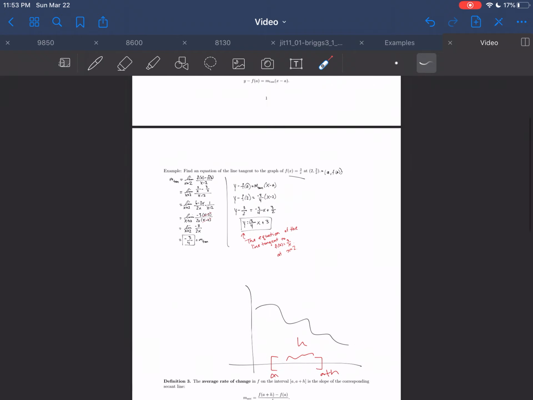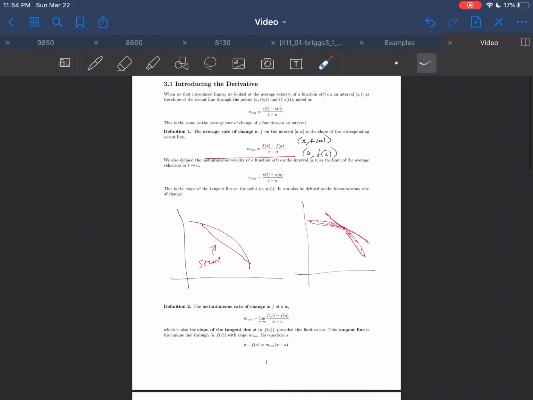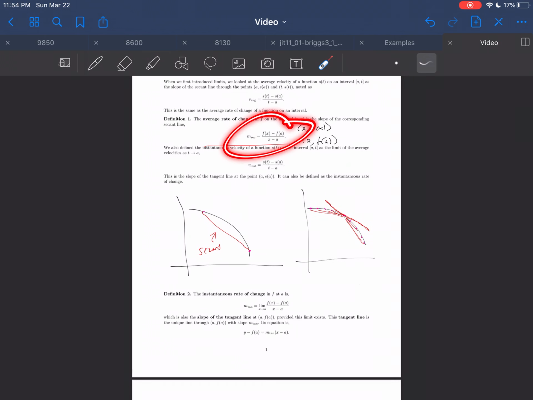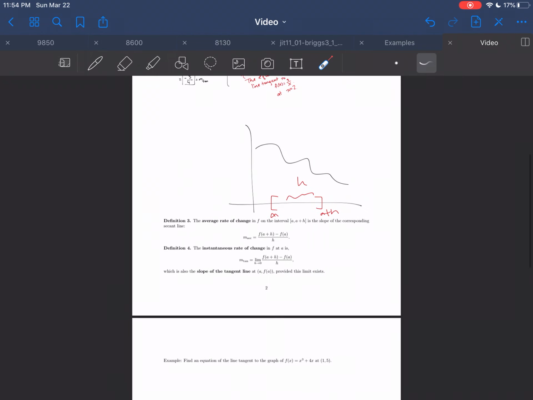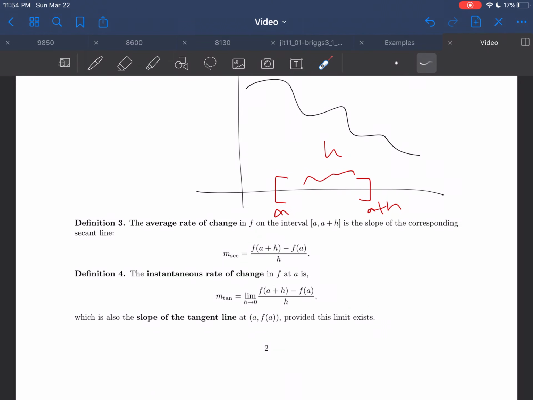Okay, so beforehand, if we look back, we had our average rate of change, and our instantaneous rate of change was the limit as x approaches a of that average rate of change formula. Down here we have the same thing, but instead of x approaching a, we're going to have h approaching 0, because h is what's in our denominator.